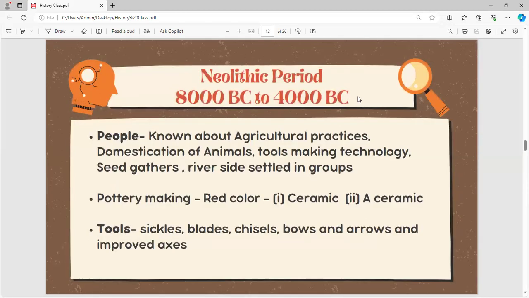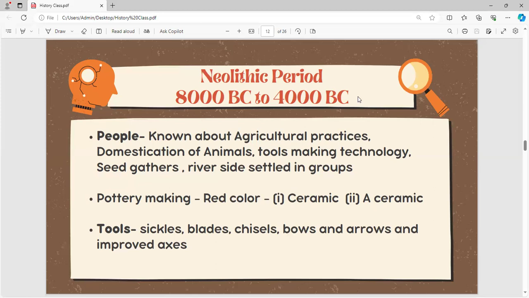And next, we are studying the Neolithic period. This is from 8000 BC to 4000 BC. In this period, people were well known for agricultural practices, domestication of animals, and tool-making technologies. They were also hunters and food gatherers, and they gathered seeds to use for agriculture.